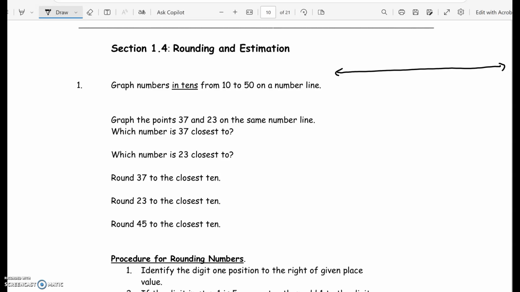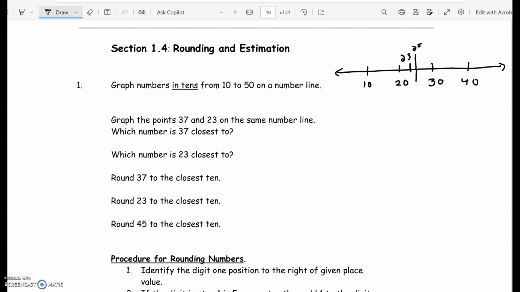So let's just mark the number line. Let's say that's a 10, 20, 30, 40, and so on. Now, let's say we have a number 23. If this is the midway between 20 and 30, this is like a 25, 23 lies slightly to the left of 25.